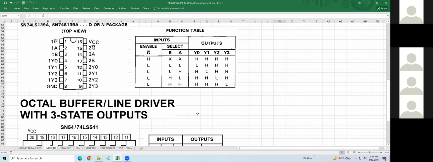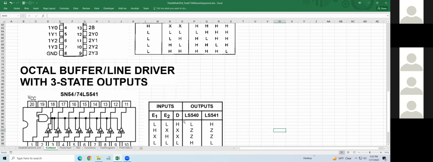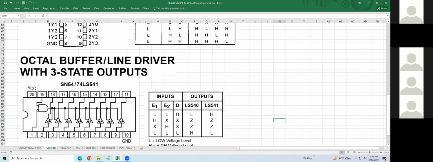That will be the 541 octal buffer. Very simple. That is input, that is output, and then it's controlled by pins 1 and 19. If pin 1 equals 0 and pin 19 equals 0, input can go to the output.